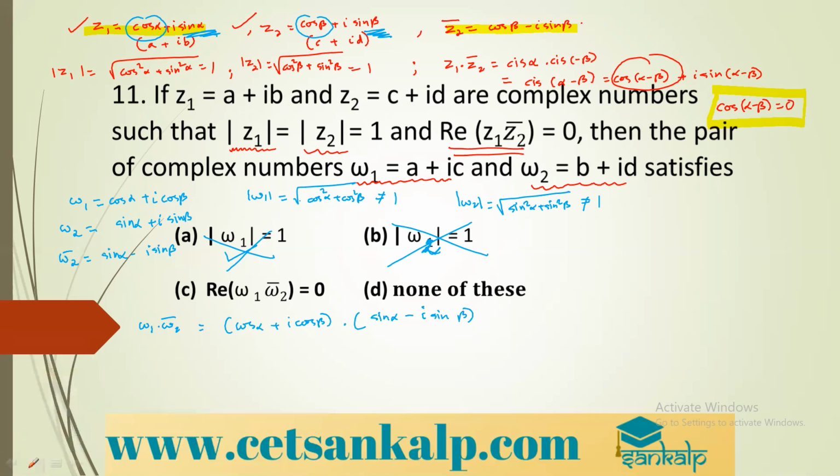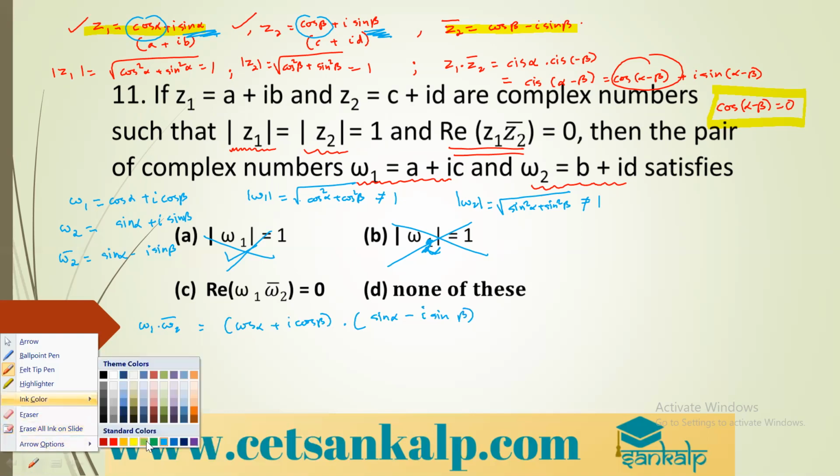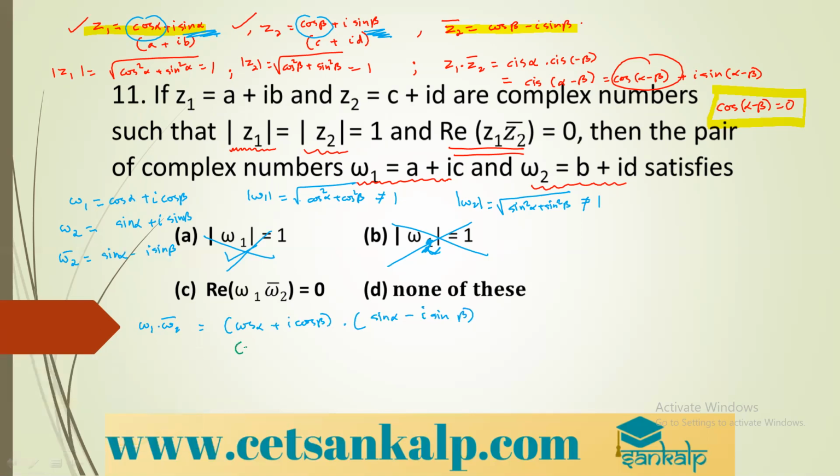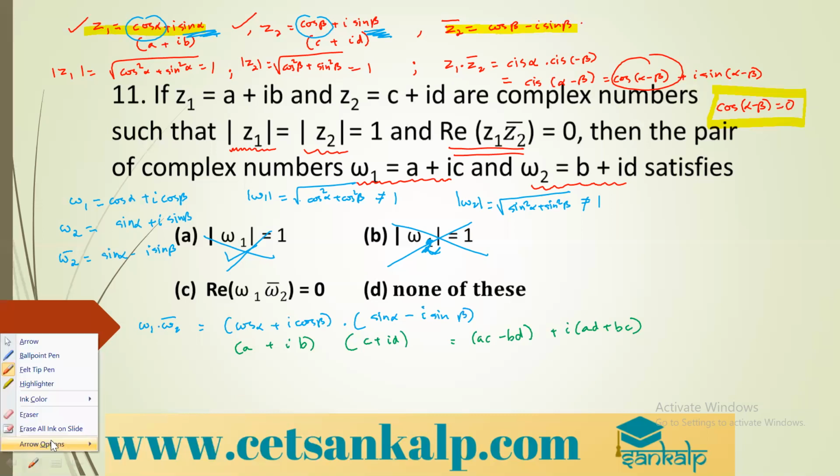If you don't remember the shortcut formula, let me write. When I multiply A plus iB and C plus iD, the shortcut formula I will use is AC minus BD plus i into AD plus BC. So now I will multiply as per this formula.